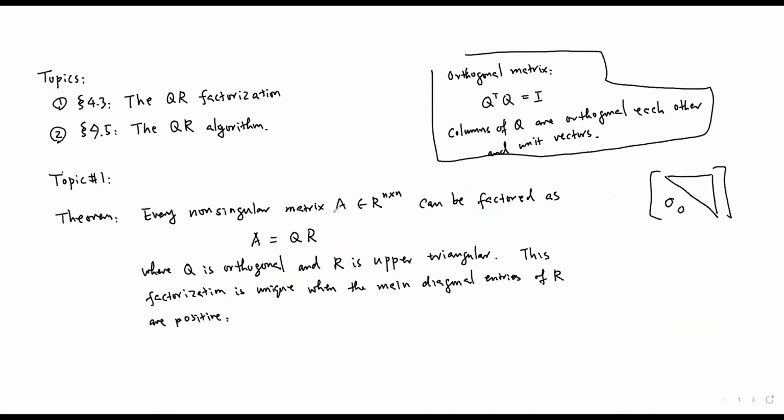The theorem says that any non-singular matrix A, here I assume real matrix, for complex matrix we also have the corresponding version of the QR factorization theorem, can be written as an orthogonal matrix times an upper triangular matrix.